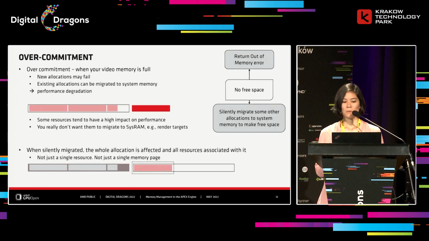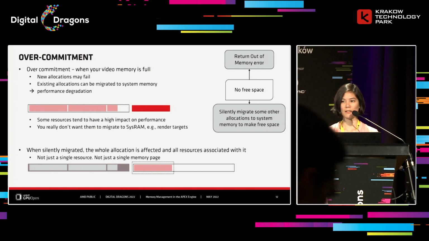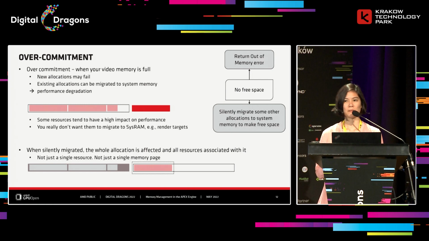So let's talk a bit more about the case when there's not enough free space. And then two things can happen, as I said. Either the driver just returns an out-of-memory error, and then your application should be able to handle it and not just crash. So you should have some error management. But the other thing that can happen is that the operating system decides to migrate some allocations to system memory.